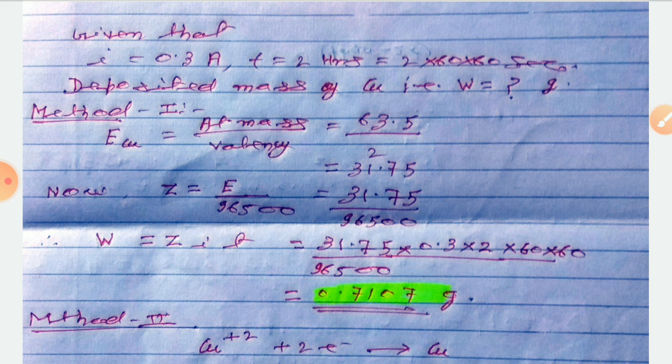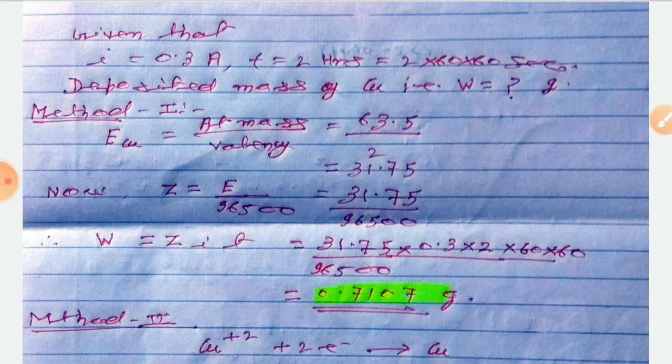Therefore time will be 2 into 60 into 60 seconds. We have to calculate the deposited mass of copper, W. By the first method, we may calculate the equivalent mass of copper and then, by putting in the values, find the deposited mass.